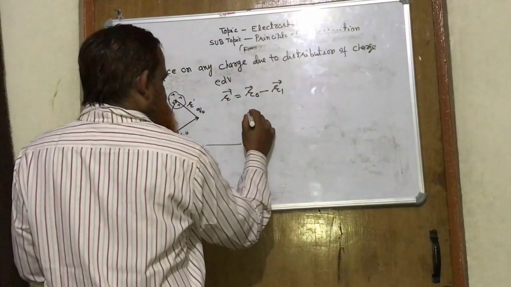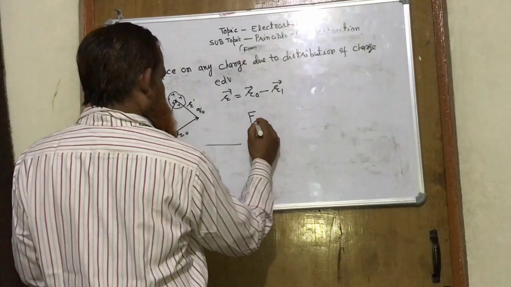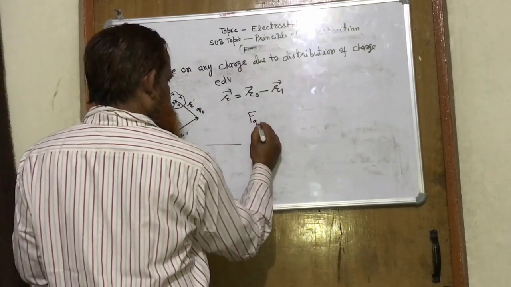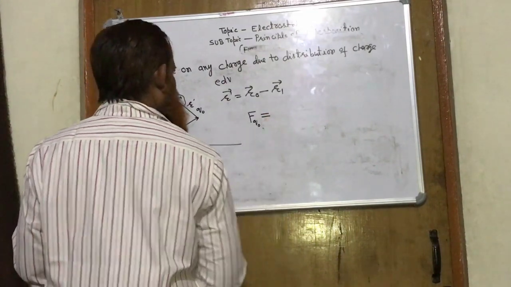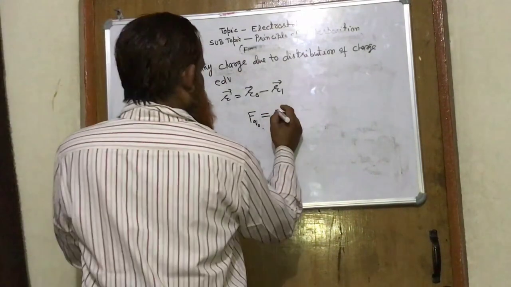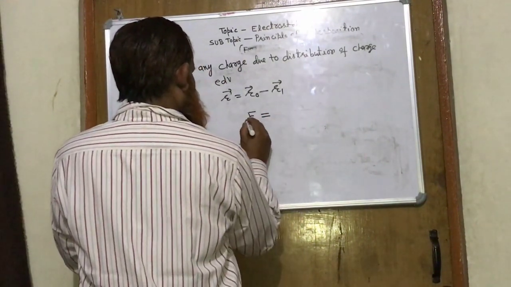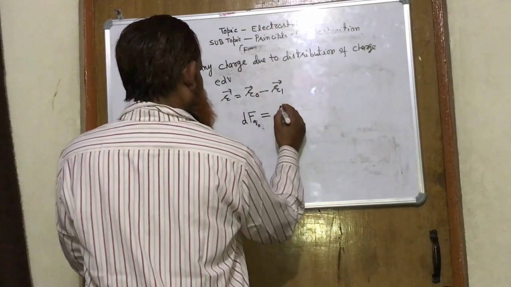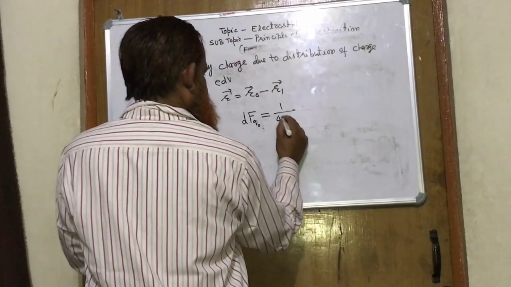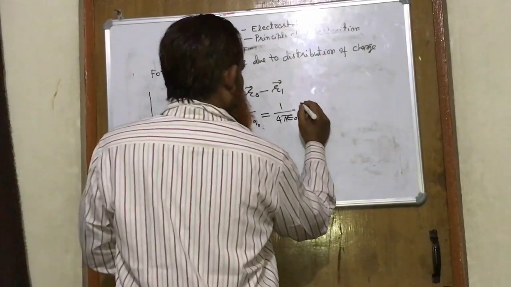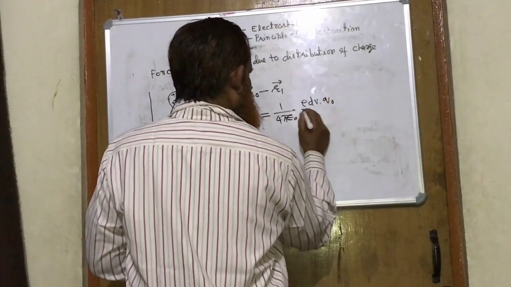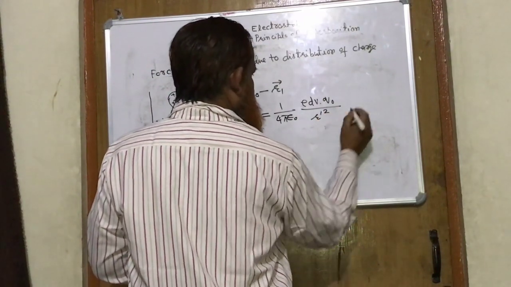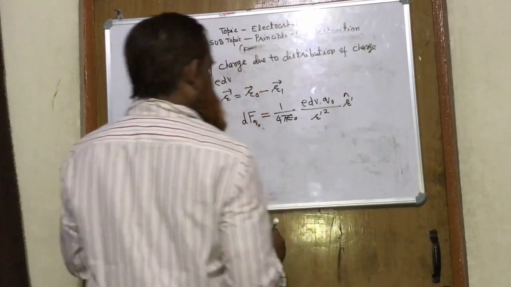The small force on charge q naught due to the volumetric charge is 1 upon 4 pi epsilon naught rho dV q naught upon r dash square, r dash cap.